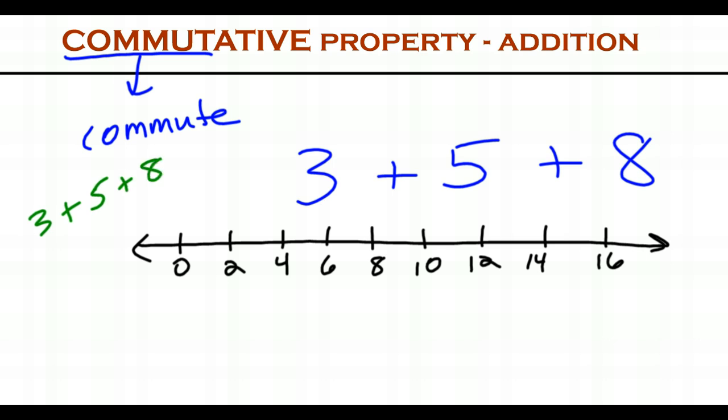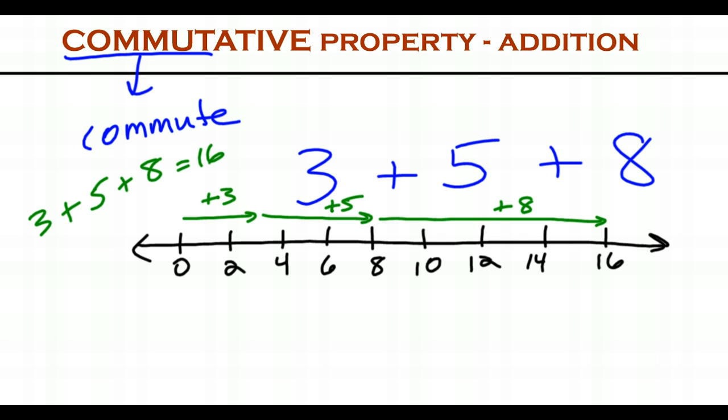And we're going to use the arrows on a number line like we did in the adding and subtracting with negative integers videos, so they can see how this addition moves through the number line. So first, we have a plus 3. We're going to add 5 onto that. And then we're going to add 8 onto that one. So for us, 3 plus 5 plus 8 is equal to 16. Now in yellow, we're going to move things around a bit.